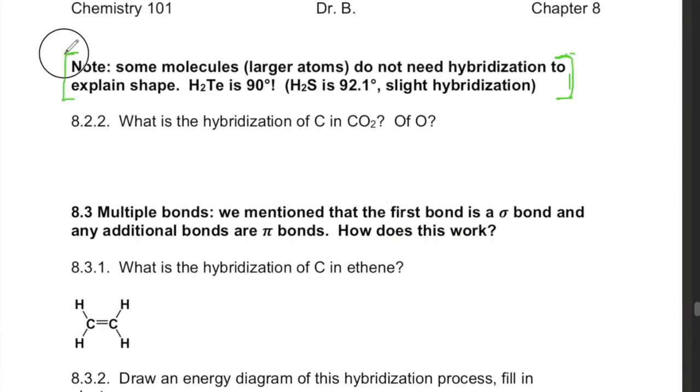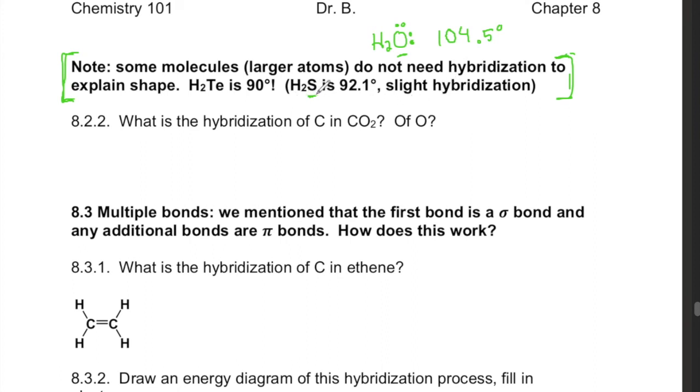It is interesting to note that some molecules don't need this hybridization theory to explain their shape. We mentioned before that if water did not have any hybridization, it would hold the hydrogens at 90 degrees. Instead, it's kind of based on that tetrahedral shape with the 109.5 degrees, but the lone pairs squeeze the hydrogens slightly closer together. So water itself is actually 104.5 degrees separation.